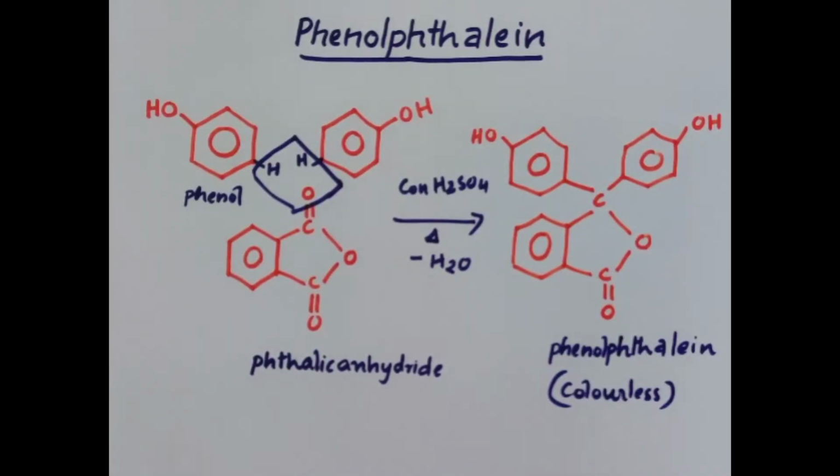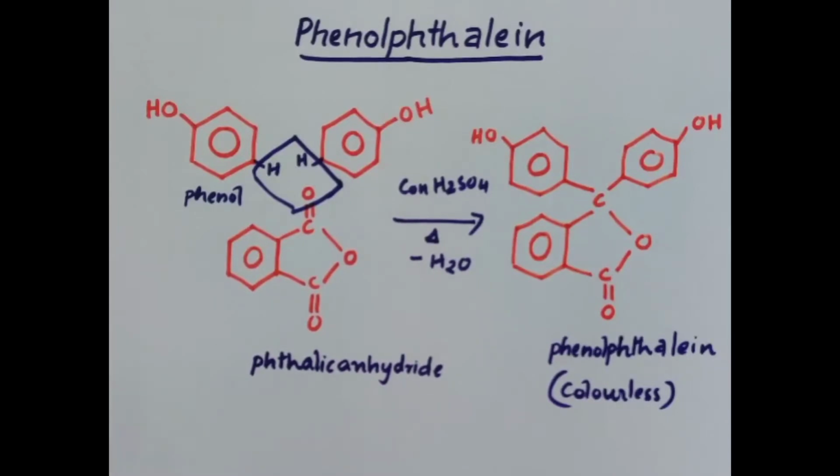The elimination of a water molecule results in the formation of phenolphthalein. It is used as an indicator in acid-base titration and serves as a universal indicator.